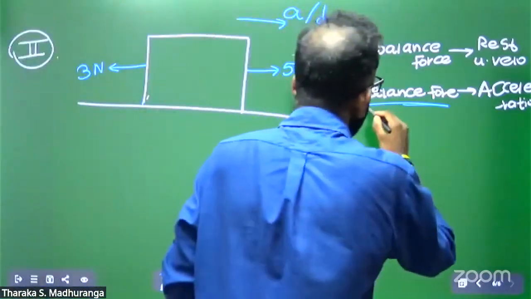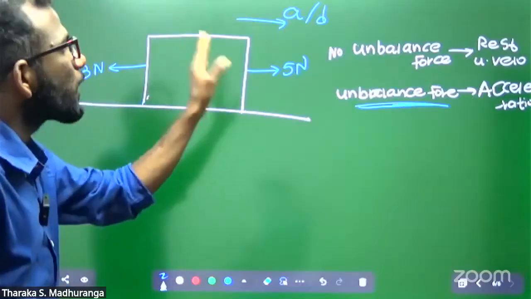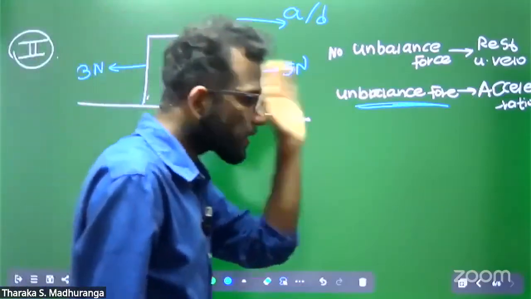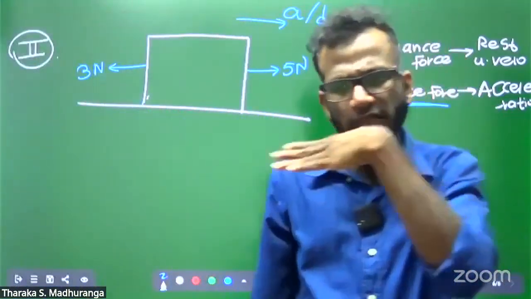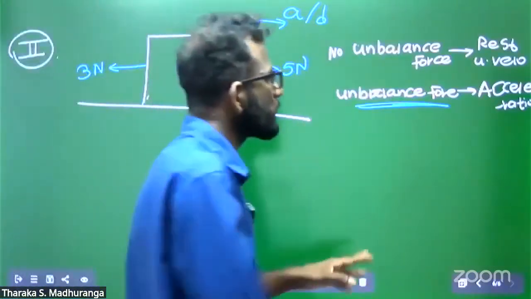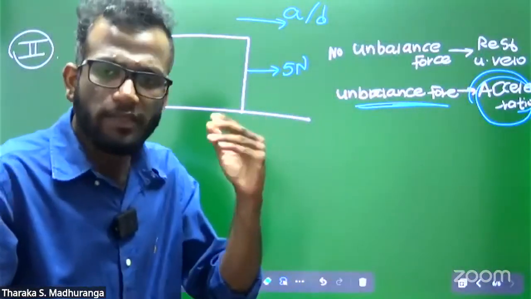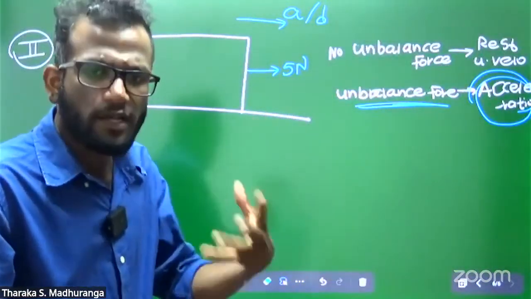Okay, if there is no unbalanced force, it is rest or uniform velocity. If there is any unbalanced force, it is exactly acceleration or deceleration. Deceleration is also minus acceleration. Therefore, we can commonly say it is accelerating. Now, that's not actually Newton's second law.